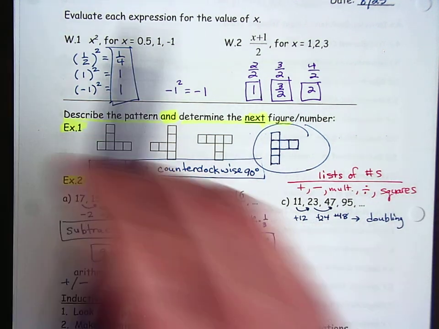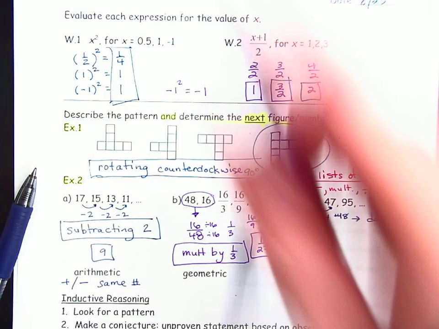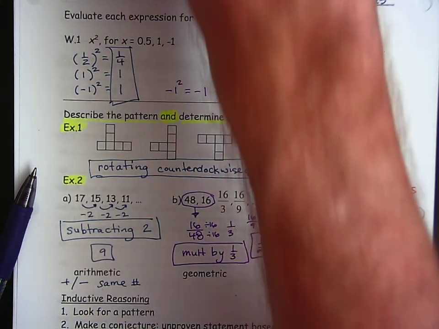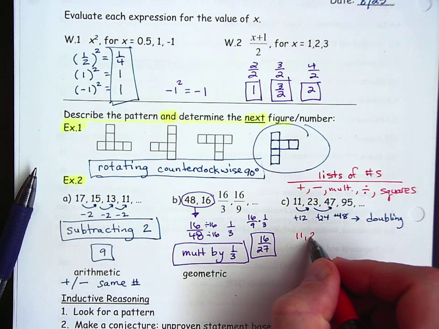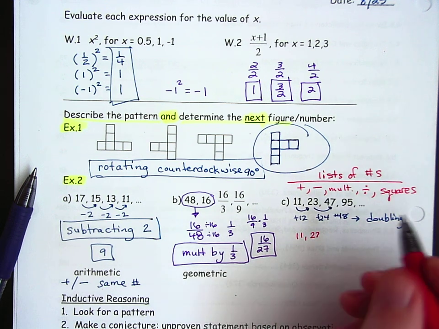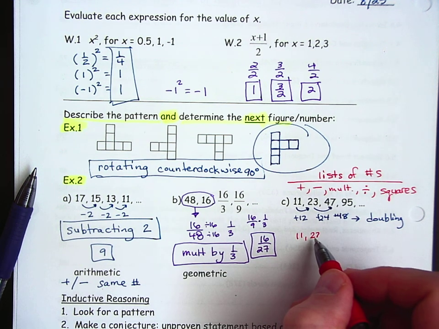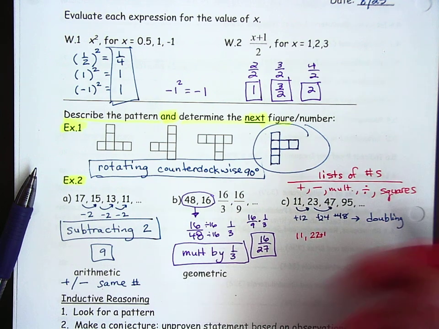So if you think about doubling, if we doubled that, that would be 11, and then it would be 22. If we doubled it, it would be 22, but it's not 22, it's 23. So if we add 1, that would be 23.